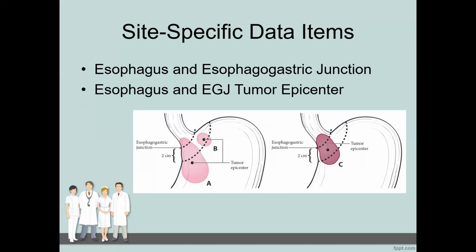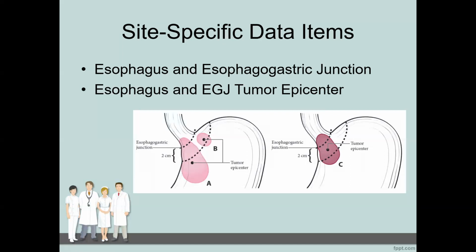For an EGJ tumor with its epicenter located greater than 2 centimeters into the proximal stomach, or if a tumor is involving the cardia but not involving the EGJ, both of these would be staged as stomach cancers.